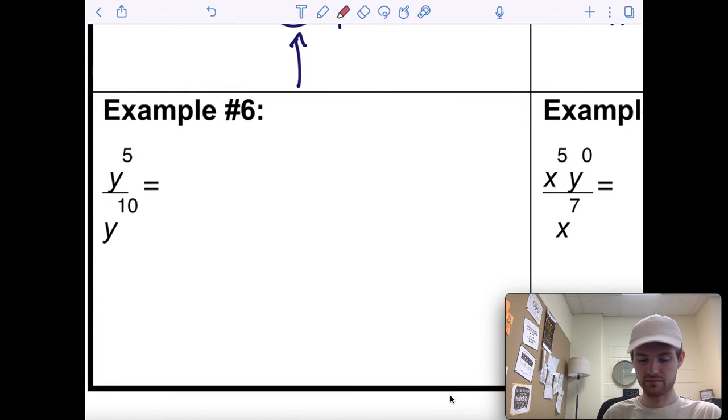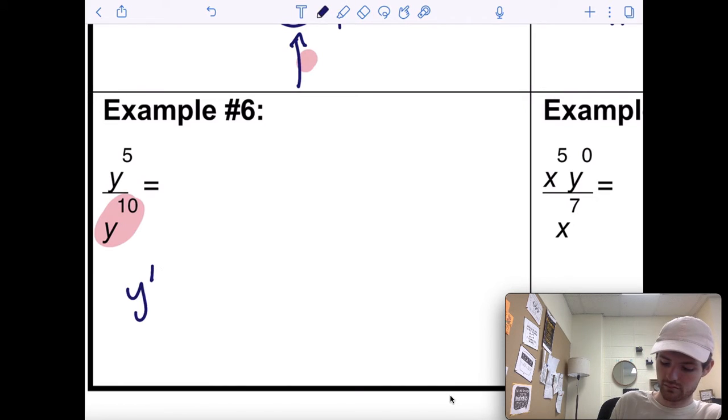This one's nice. We have y to the 5th and y to the 10th. Which one's bigger? Y to the 10th. So y 10 minus 5 gives us y to the 5th.